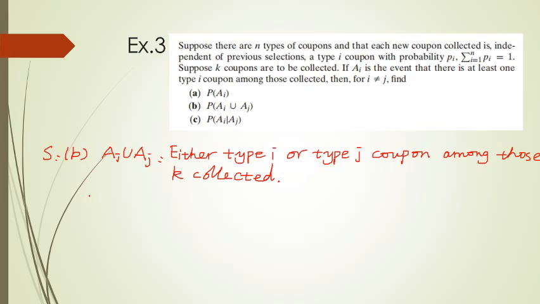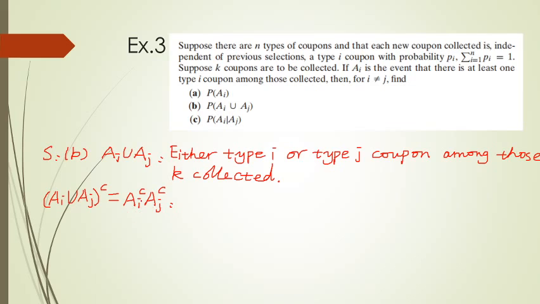You can think about the complement of this one using De Morgan's law. Apply De Morgan's law: the complement of AI union AJ will be AI's complement intersection AJ's complement. Now with the intersection, this is more straightforward to understand.